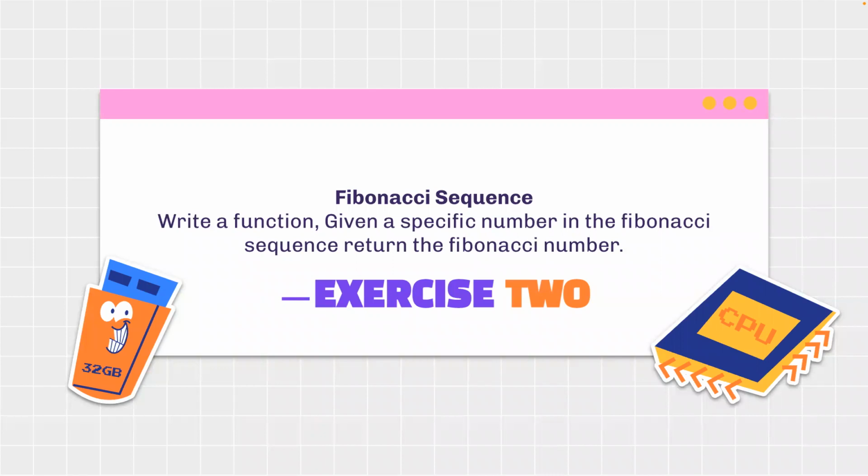But is this what we want? No, we want n to point here, then k to point here, and then once we move it, we assign the old value of k to n first, then we move n to be the new one, so we move k to the new one.